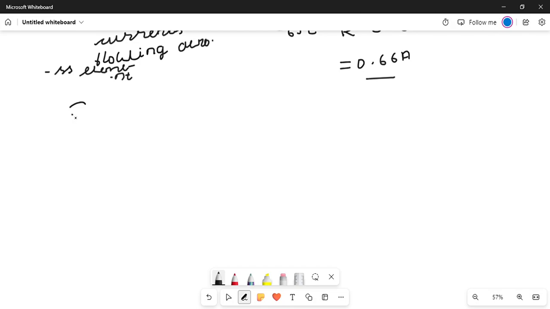To find I6 ohm double dash, I guess you can see the double dash, right? Just a minute.